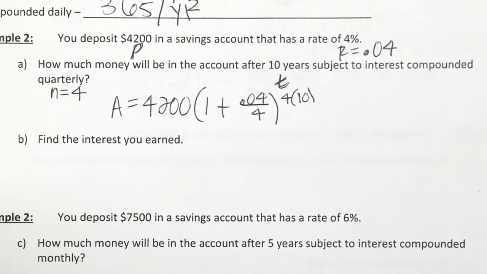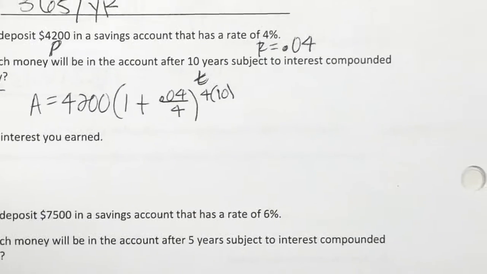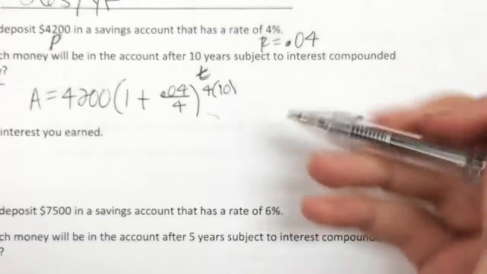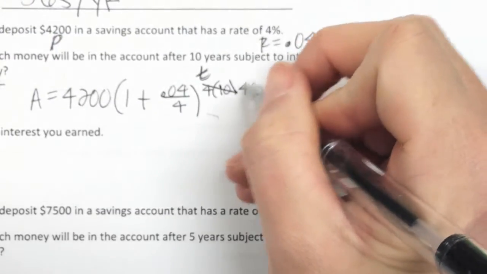Alright, this one's going to be tricky to find in your calculator, okay? So the first thing we got to do is find what we're raising it to. So go ahead and multiply this. This will be 40. So let's scratch that out, put 40 instead.